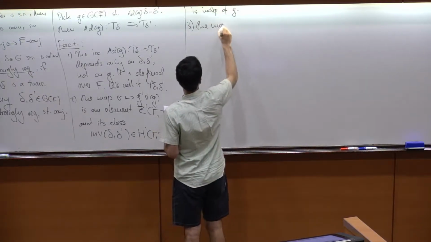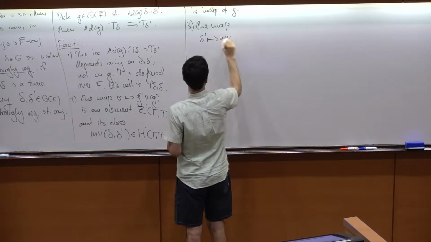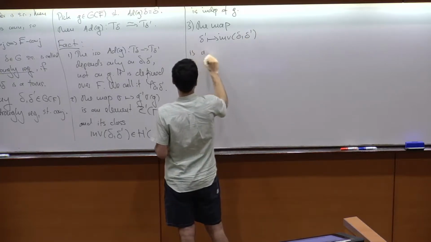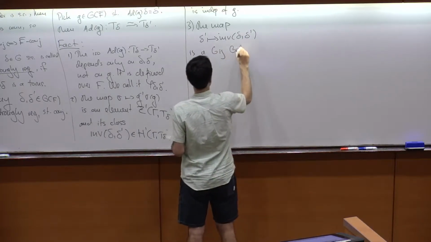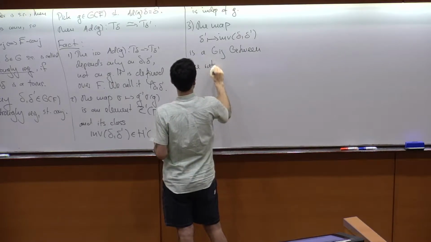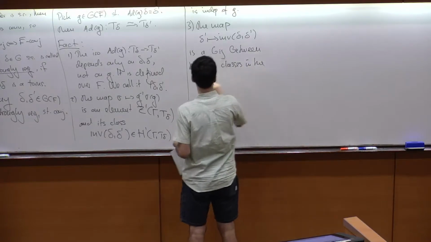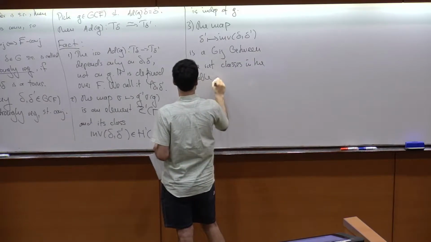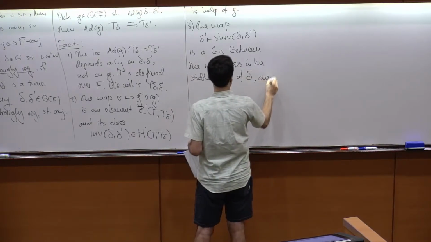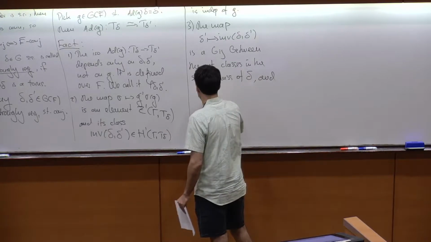And then finally, the map that sends delta prime to this class invariant is a bijection between the rational classes in the stable class of delta on the one hand, and the following construction in Galois cohomology.